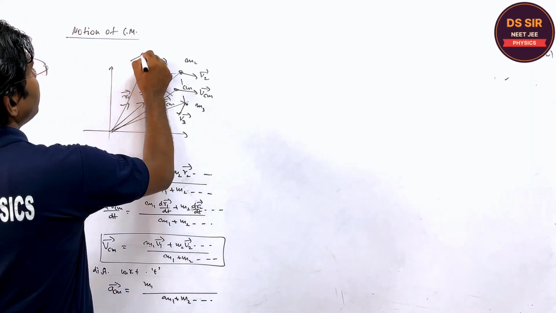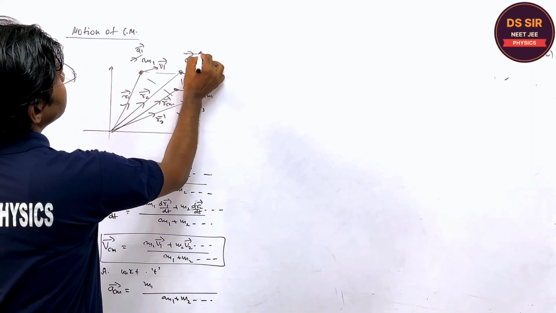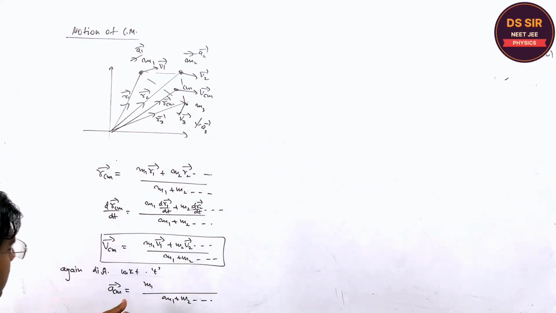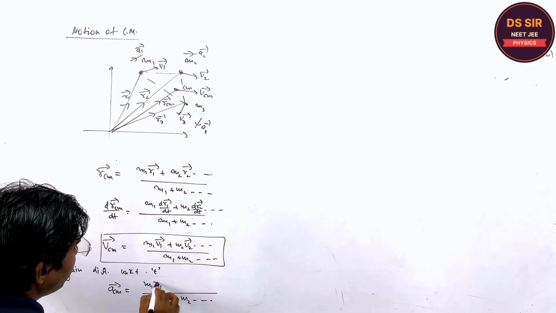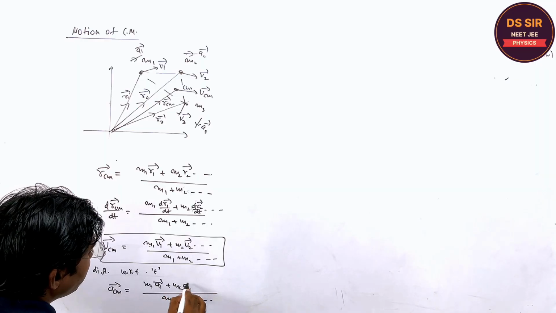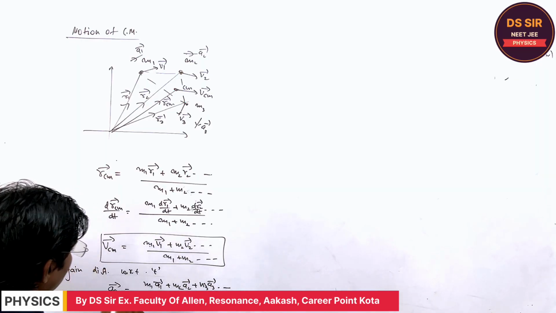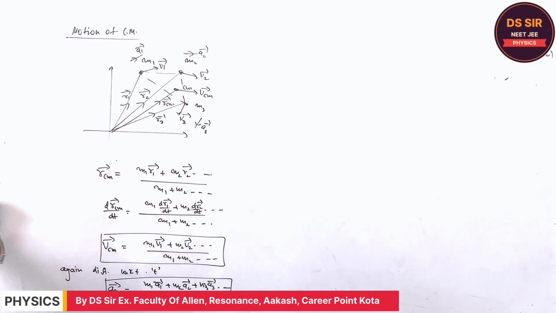In the same way, if they have accelerations a1, a2, a3 vectors, then what is the acceleration of center of mass? (m1 a1 + m2 a2 + m3 a3)/(m1 + m2 + m3) and so on. So this is the acceleration of the center of mass.